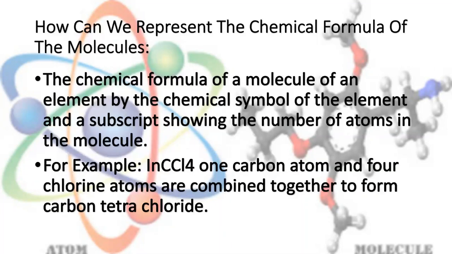In carbon tetrachloride, one carbon atom combines with 4 chlorine atoms chemically and it forms carbon tetrachloride. These numbers and subscripts you will find again at the end of the lecture. We will discuss them there in detail.